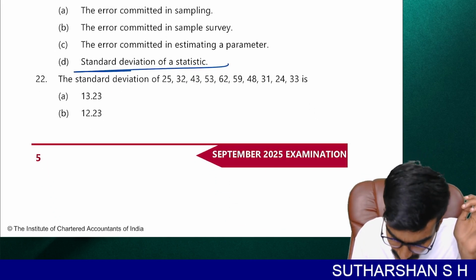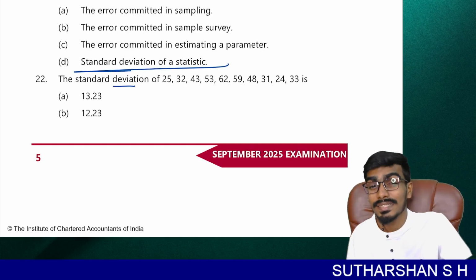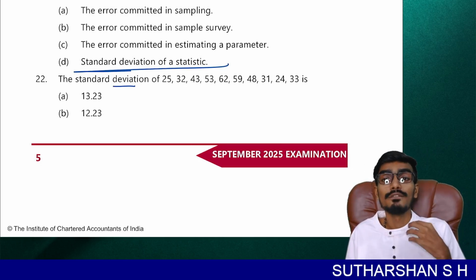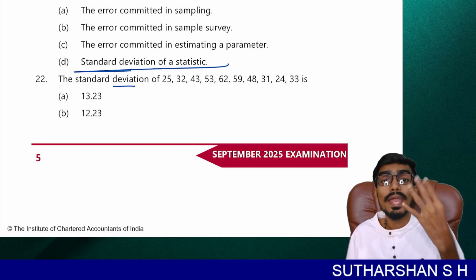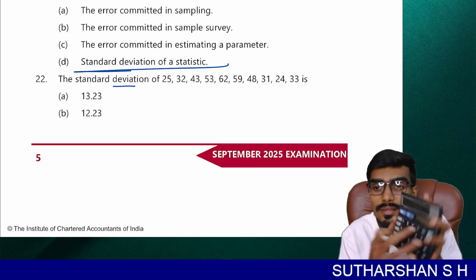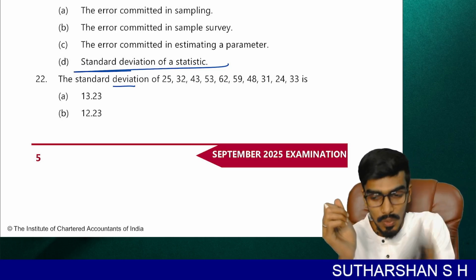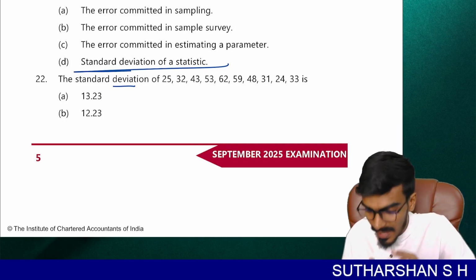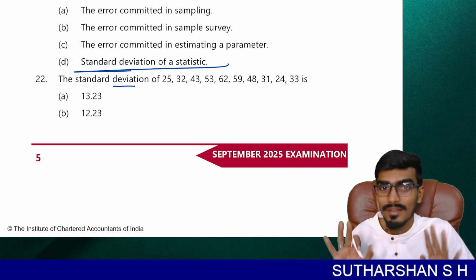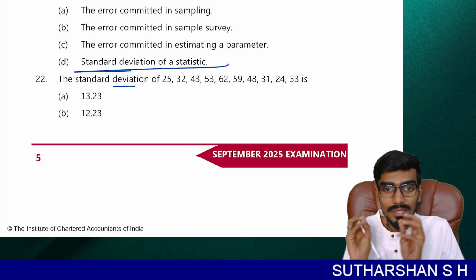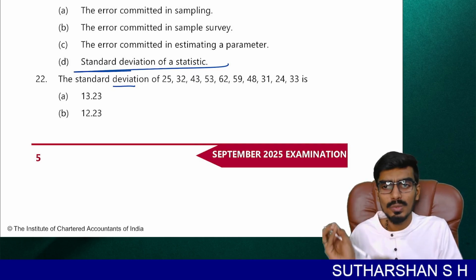Next, what is the standard deviation question they have given? This is an interesting question which makes me explain to you how important this calculator is. Okay, see, they have given some series of numbers, right? Whenever this series of numbers has been given to you, you can approach in two different ways.